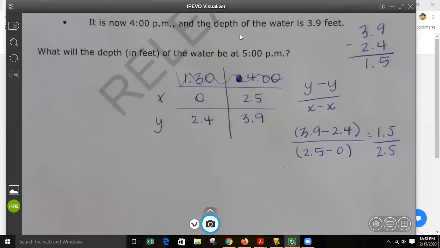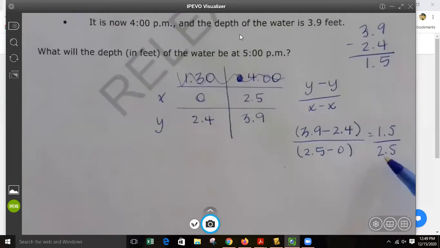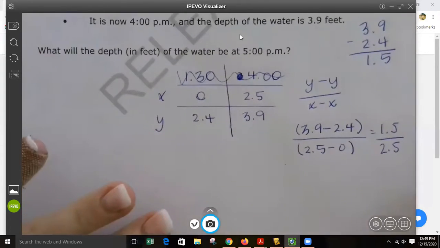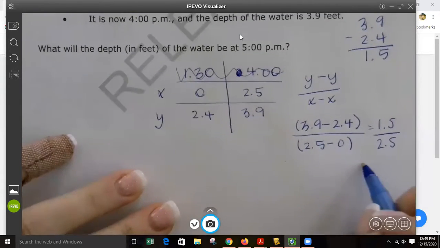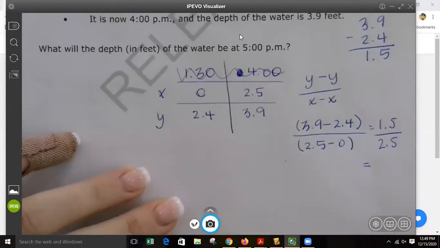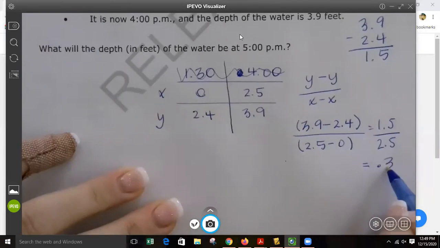Now, here's why I think this is really crappy, is because it's decimals and you don't like decimals, right? So think about it as this, 15 and 25. What are 15 and 25 both divisible by? 5. 15 divided by 5 is 3, but it's not whole numbers, it's decimals, so it's going to be 0.3.